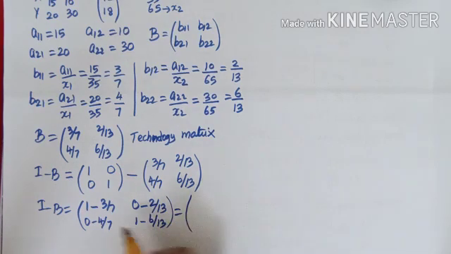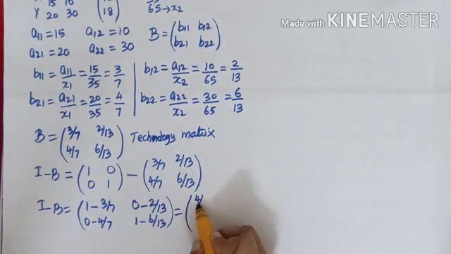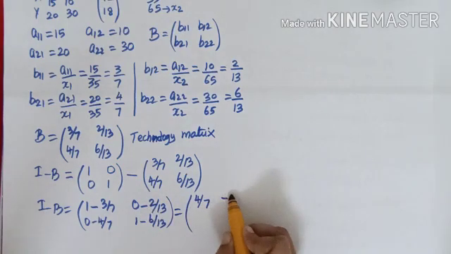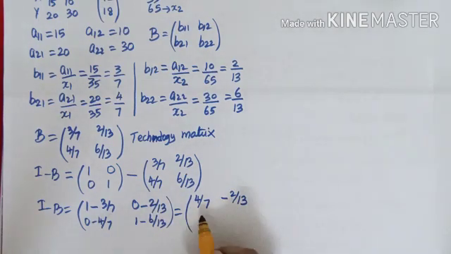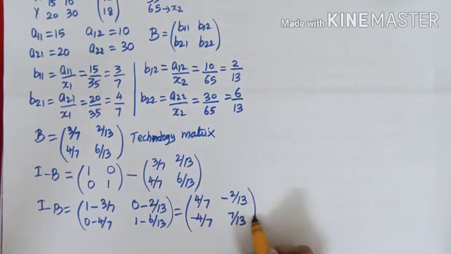And my answer is 7 minus 3, 4 by 7, minus 2 by 13, minus 4 by 7, 13 minus 6, that is 7 by 13.